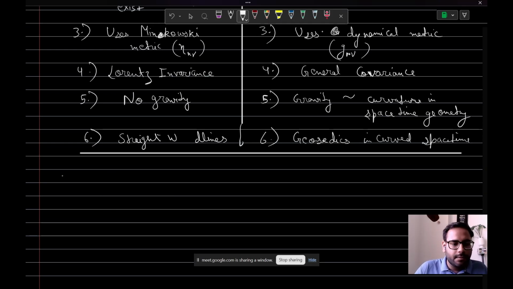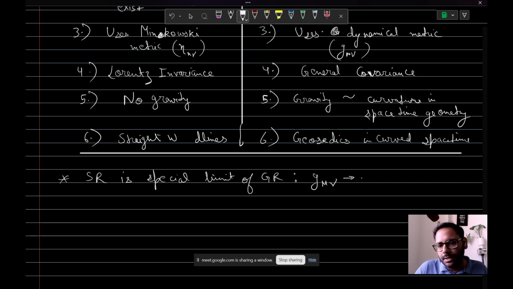One important point is that SR is a special limit of GR, such that my g_mu_nu will translate to eta. This is eta.